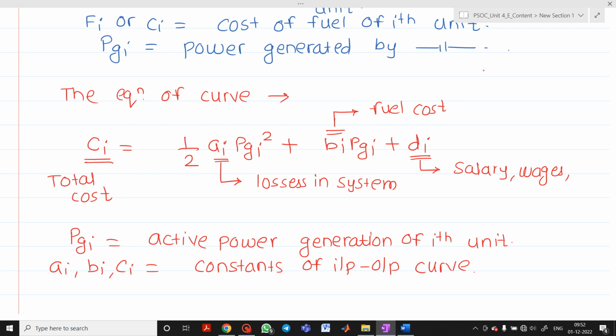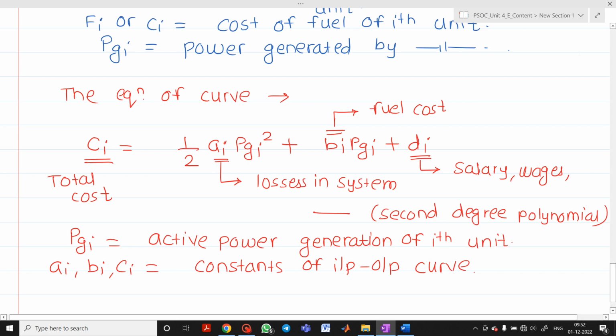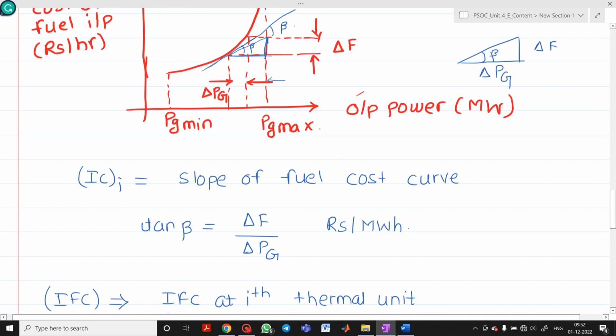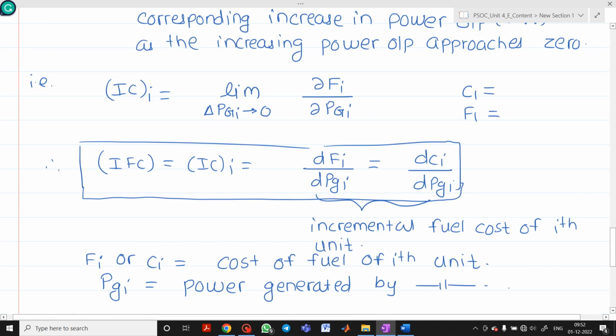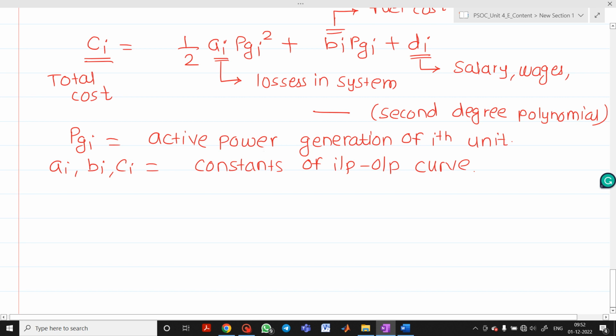So keep in mind, this is a second degree polynomial. This is the mathematical equation of the curve we have drawn here.